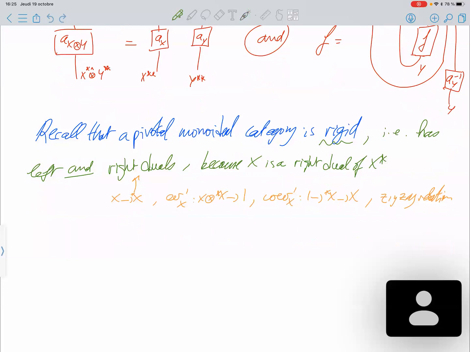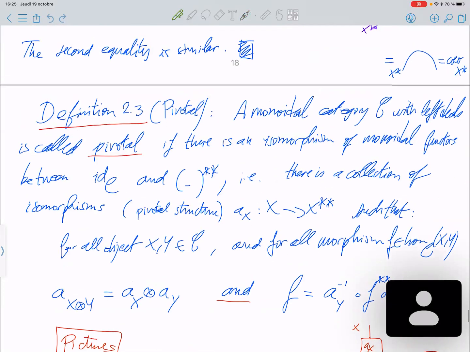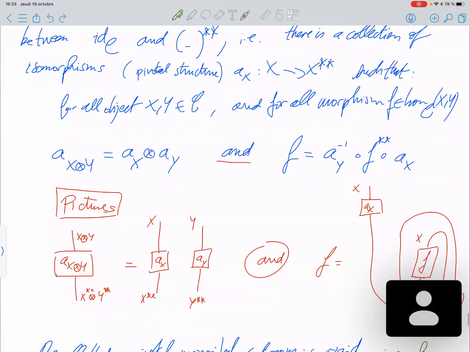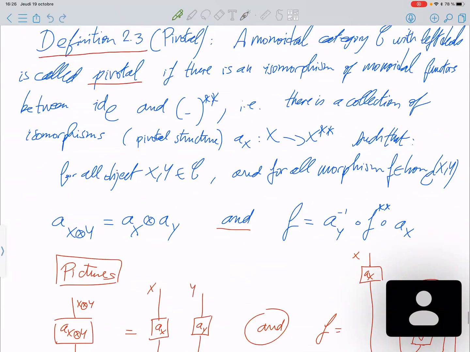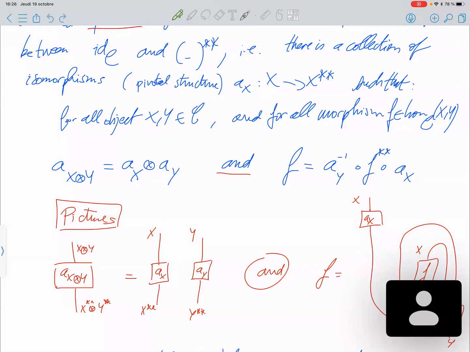Okay, in fact, in the book, they start from rigid. They define left dual, right dual, and a monoidal category with left and right dual is called rigid. And they define pivotal for a rigid monoidal category. But in fact, in the definition of pivotal, you don't need rigid. You just need left dual, because we don't consider the right dual in the definition.